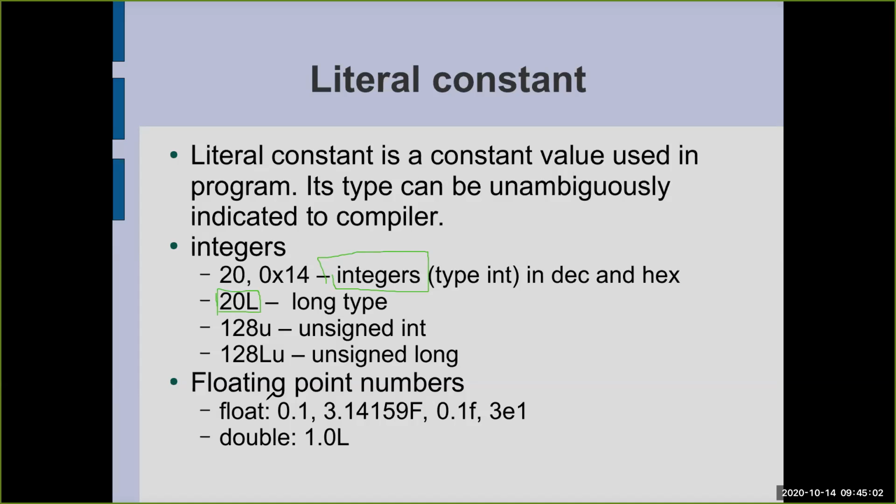The same, if I define a value as 0.1, so I use this point separator, it will be treated as float. And if you add L here, it will be treated as double.